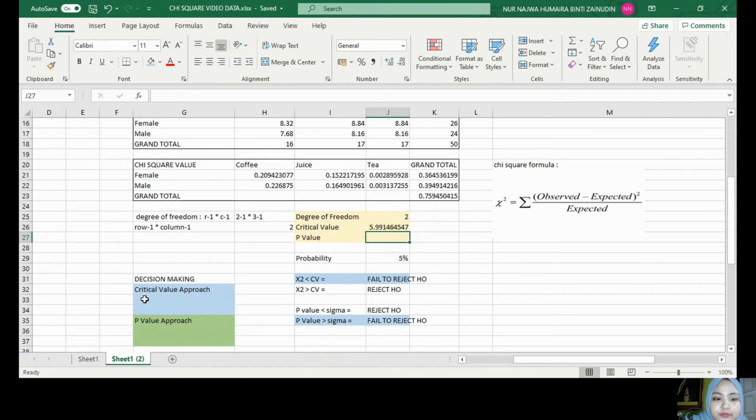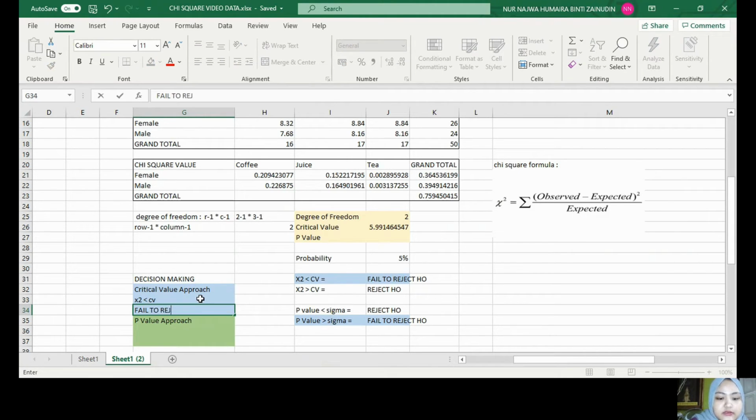For the critical value approach, if the chi-square is smaller than the critical value, we fail to reject H0, while if the chi-square is bigger than the critical value, we will reject H0. So here we can see that the chi-square is 0.759, which is way smaller than the critical value. So we fail to reject H0.